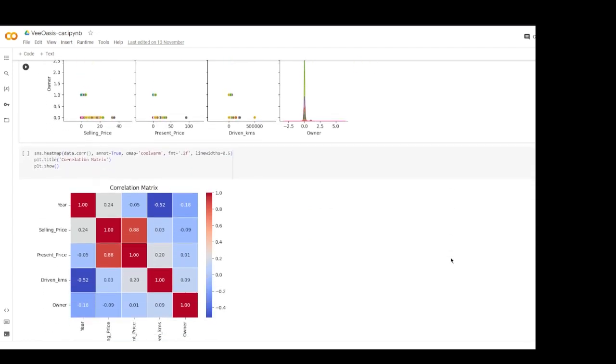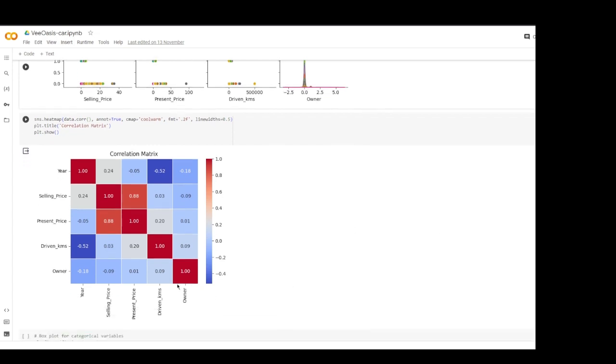Okay, so we construct a correlation matrix heat map. This powerful visualization unveils the linear relationship between the numerical features, aiding us in identifying the variables that might significantly influence our target variable. The heat map sheds light on the intricate web of correlations within our data. So here we can see that red indicates high correlation.